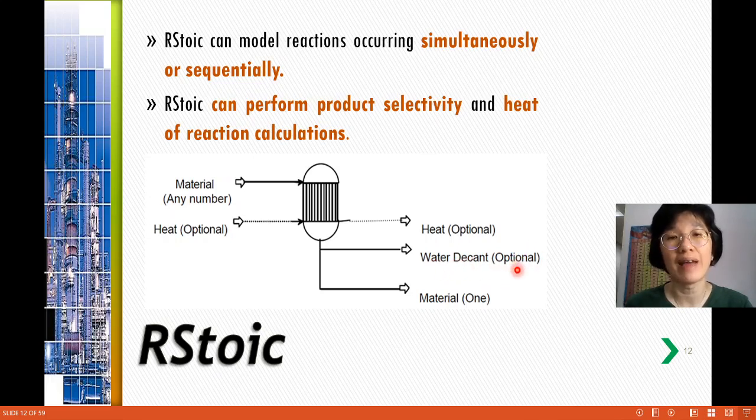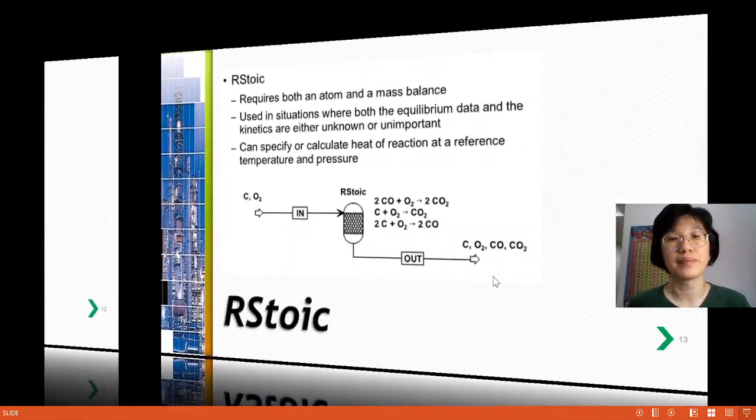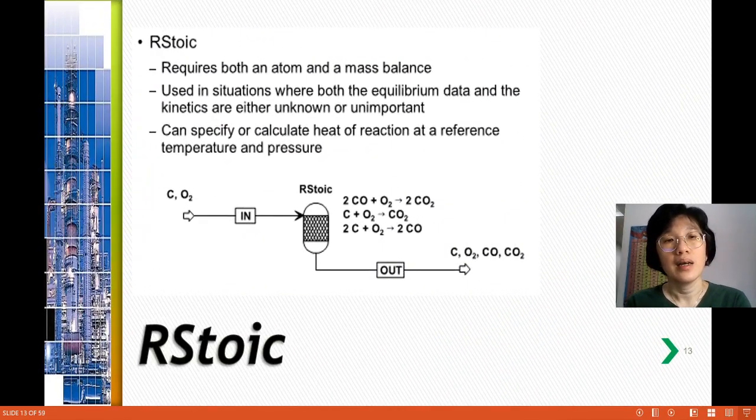Okay? Let's say you are having a mixture of water and hydrocarbon, then of course you may have two layers form. If it's liquid, then you can have the stream for water. R-Stoich requires both atomic and mass balance.